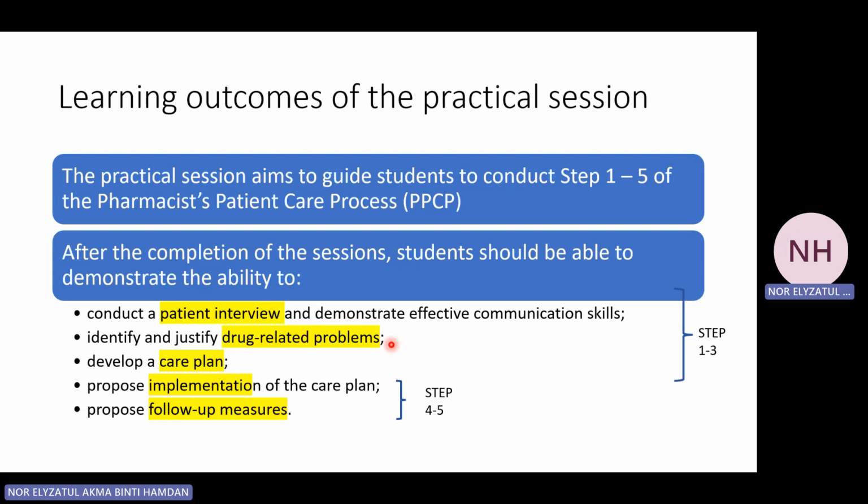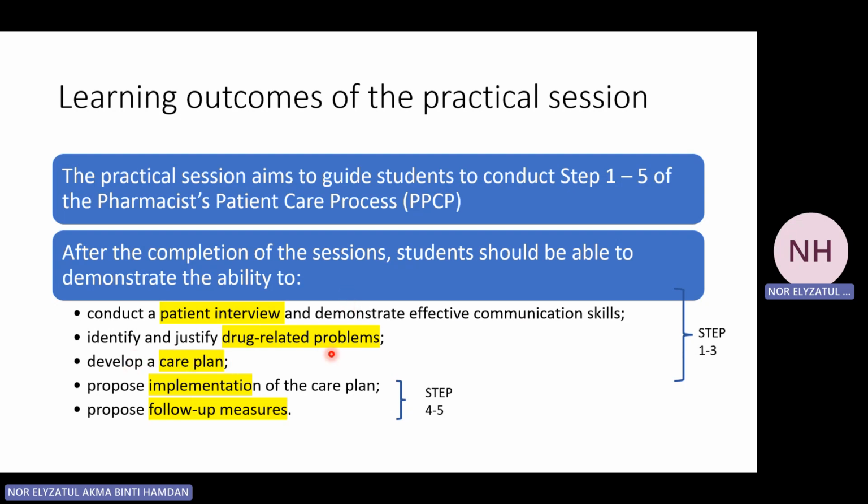At the end of practical 1, students are expected to be able to conduct the patient's interview and demonstrate effective communication skills. Second, you are expected to identify and justify the drug-related problem or DRP. Third, to develop a care plan.